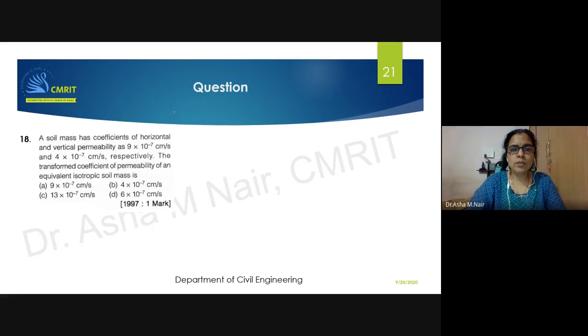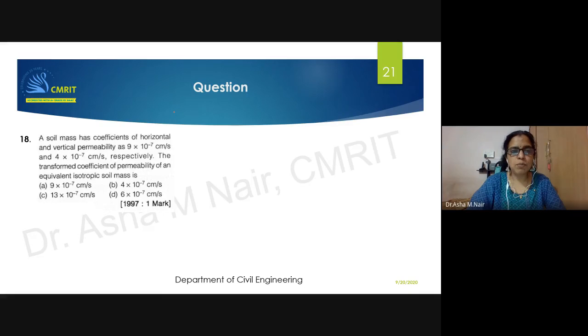The next question: the soil mass has a coefficient of horizontal and vertical permeability of 9 into 10 to the power of minus 7 centimeter per second and 4 into 10 to the power of minus 7 centimeter per second.